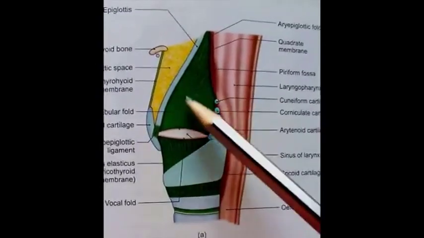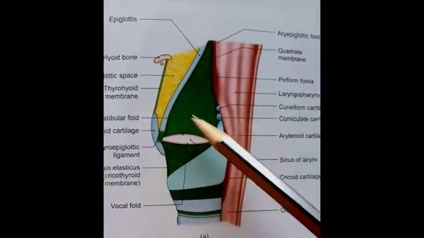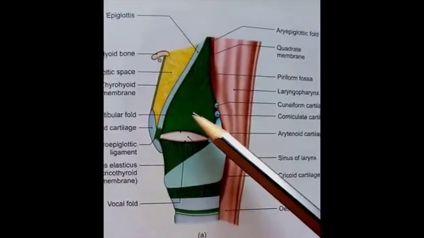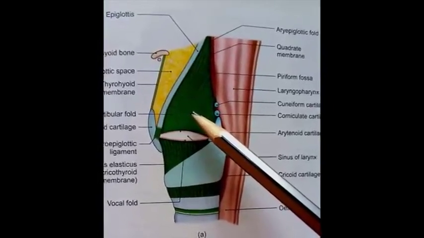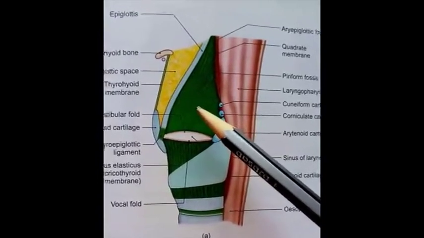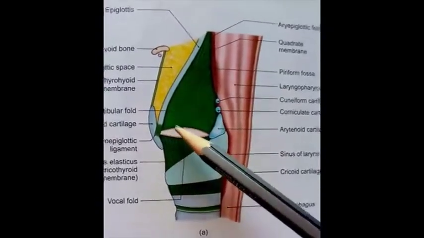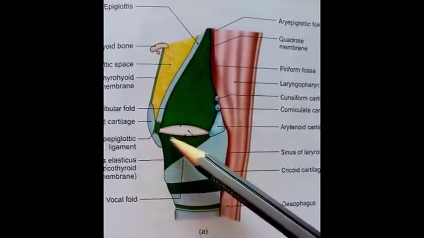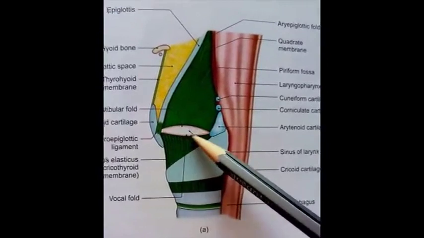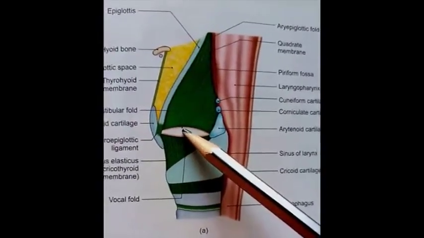So this green colored structure is known as the fibroelastic membrane. This membrane is present outside the mucosa, so it also replaces the submucosa of the larynx. It is interrupted on each side by the sinus of the larynx. So this hollow space present between these two folds is known as the sinus of larynx or sinus of Morgagni.